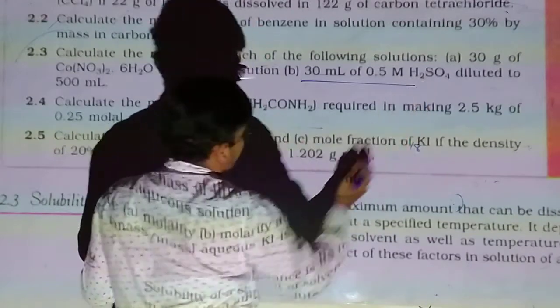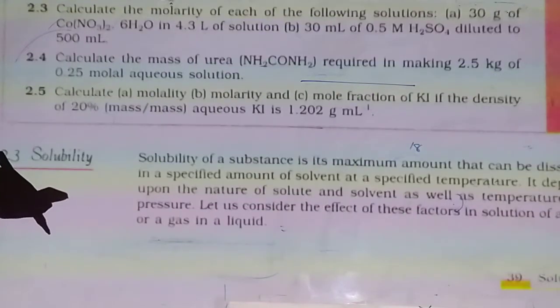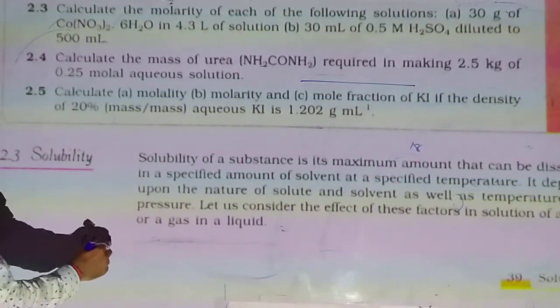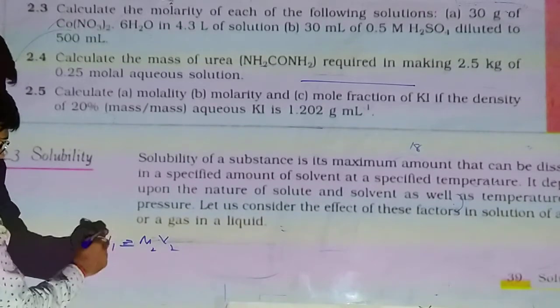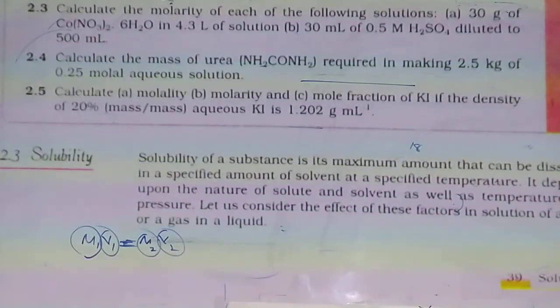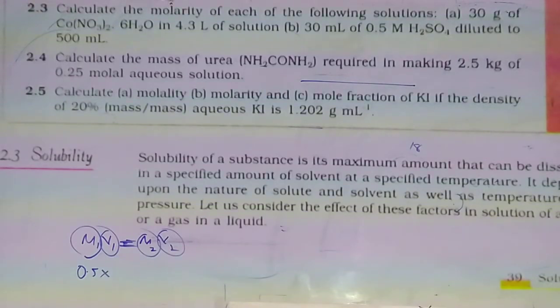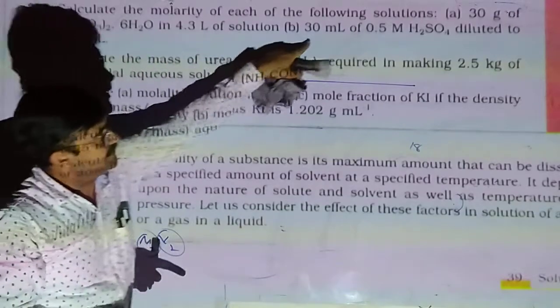30 milli of 0.5 molarity H2SO4 diluted to 500 milli. Listen, this is the formula of dilution. Initial molarity and initial volume are given. Then we can define final molarity. Initial molarity is 0.5. Initial volume is 30 milli.